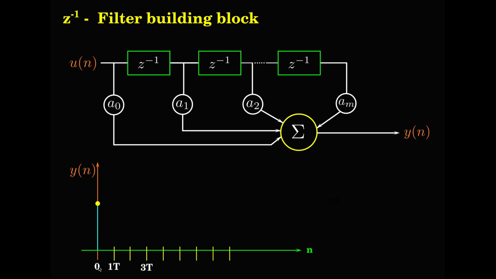What would happen? At time t equal to 0, I am giving one single input impulse. Now that will flow through the scaling factor A0 and come to the output. All others are initialized to 0. So this point is 0, and this point is 0. So this value is A0 because it is passed through the scaling value.